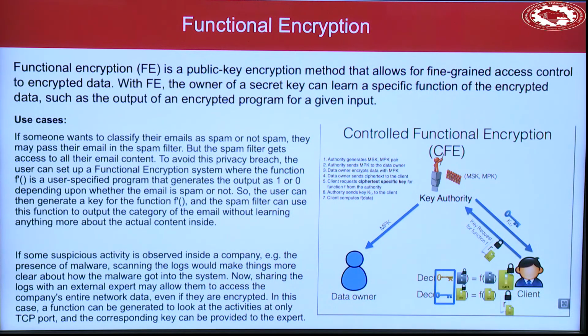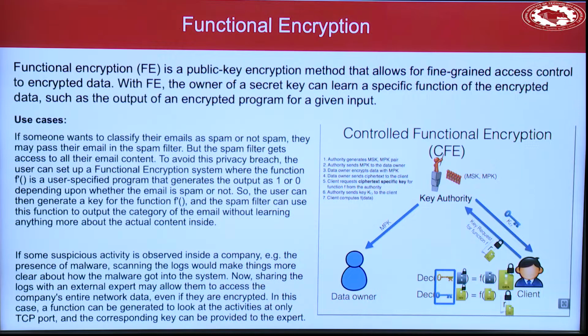Functional encryption: sometimes you do not want to reveal the whole data, but part of the data. For example, you want to know if this email is spam or not, right. There is a scanner, a filter that you can apply. If you apply a filter on your network, it will learn all the emails, right. But we are not interested in that.